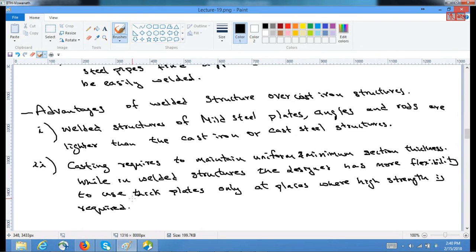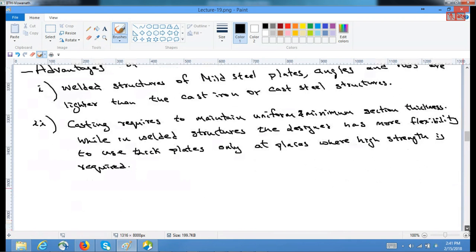So I will tell you this as one good example. Generally, when you look at the very big steel bridges in railways, they don't use rolled structures or casted ones because you have to maintain a uniform thickness and minimum thickness for all the cross sections. Whereas if you use plate cutting with the welded things, you can save a lot of self weight and the material from it.